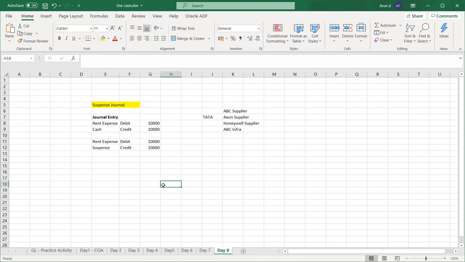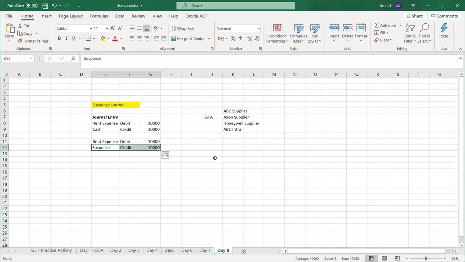Usually, if I have disabled this option called suspense account, the system will tell me that this is an unbalanced entry. So I'll correct this entry and re-upload it.